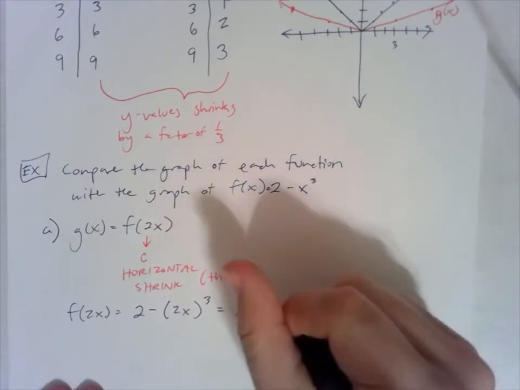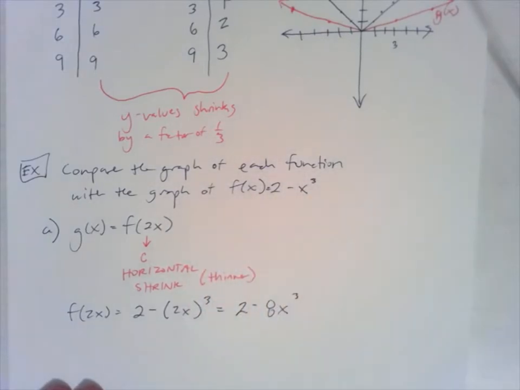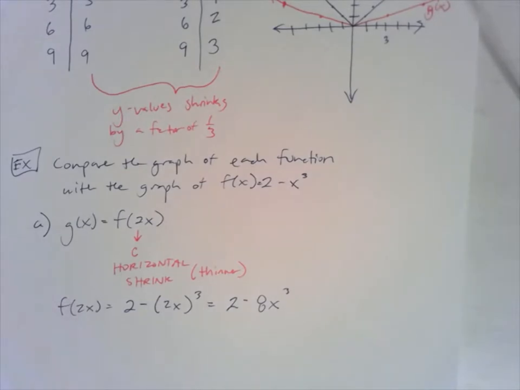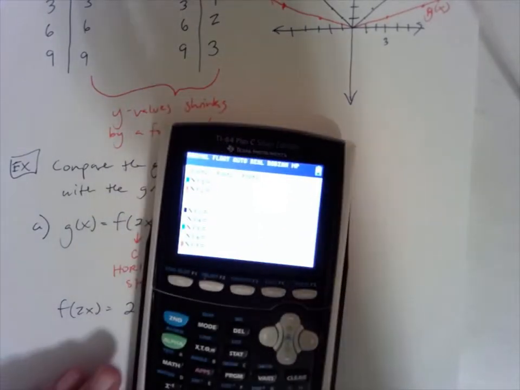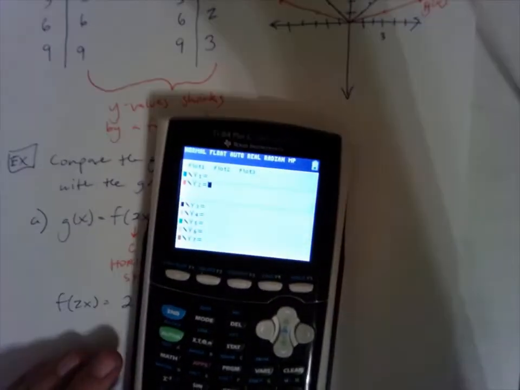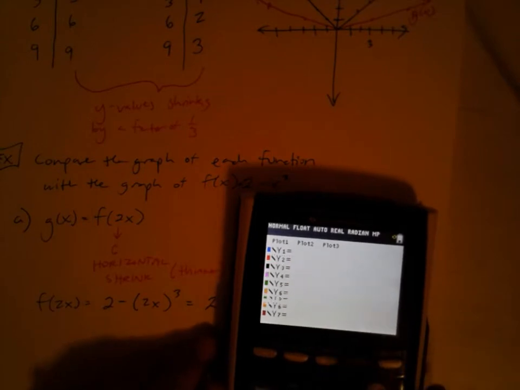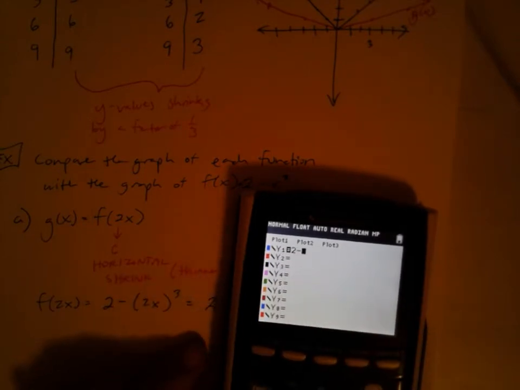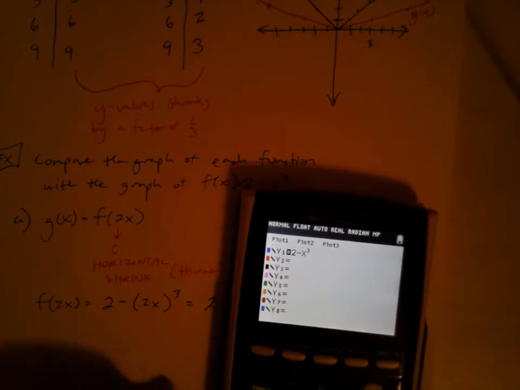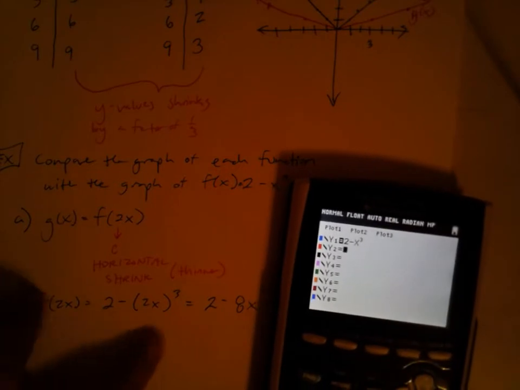And let's use our calculators to make this one a little bit quicker. Alright, so we're going to substitute in. If we substitute in for the blue, for the top one, our 2 minus x cubed, and then below we fill in for g of x, which is 2 minus 8x cubed.